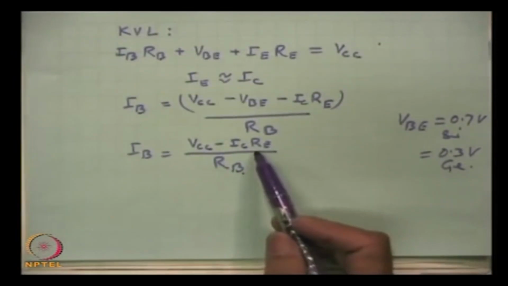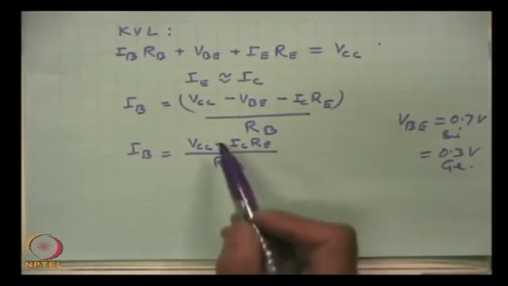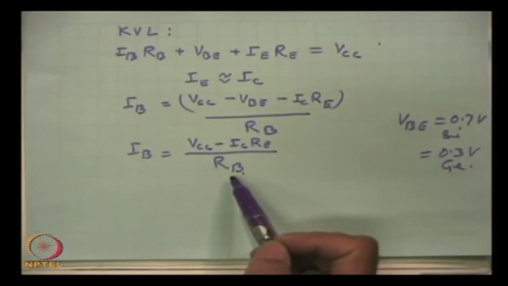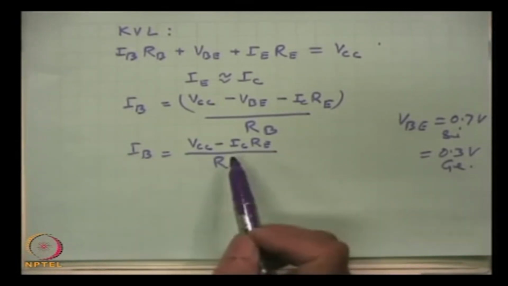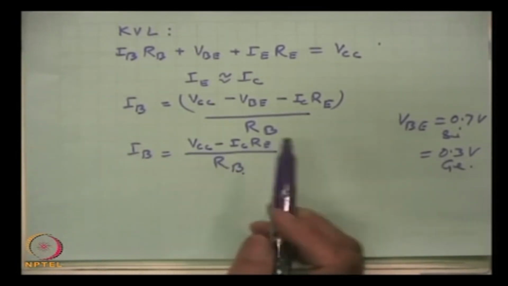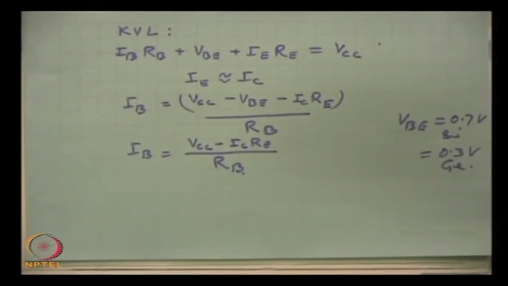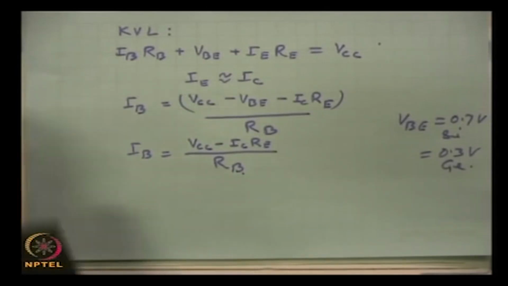If we make RE equal to 0, then this is fixed bias, VCC by RB. Now, this is the negative feedback, and that takes corrective measures. How? Let us look at this.